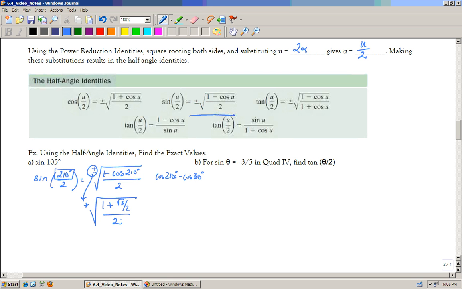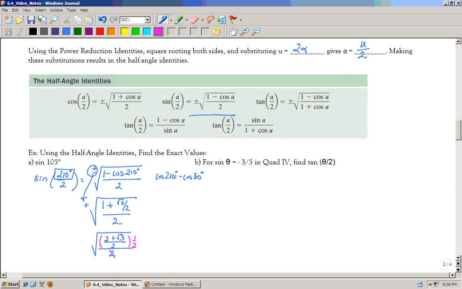So now we just have to simplify this. If you add the numerators together, you get 2 over 2 plus square root of 3 over 2, which is 2 plus square root of 3 all over 2. And the denominator now is 2. Remember, multiplying by 1/2 is the same as dividing by 2.